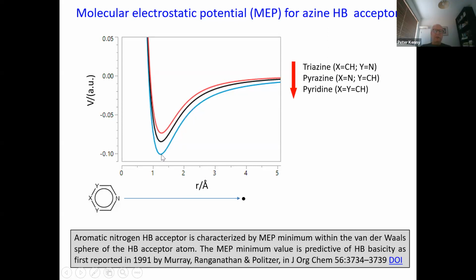But then you get to this point here, which we call the Vmin, the minimum electrostatic potential. After that, it tends to go up. So what this picture shows is that a hydrogen bond acceptor is not like nitrogen with a negative charge on the nucleus, but more like nitrogen with a partial positive charge, with this lone pair electron density sitting out here. So just something to think about when you're thinking about hydrogen bonding.